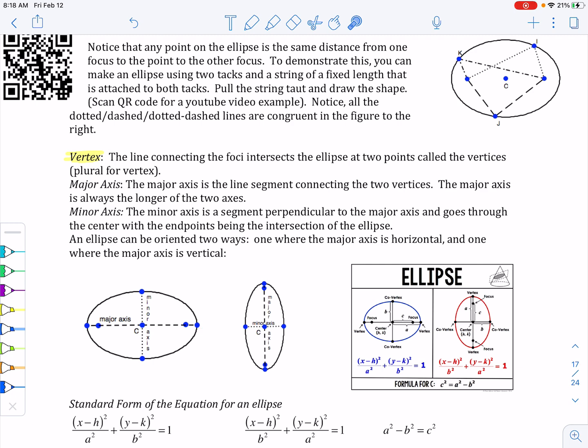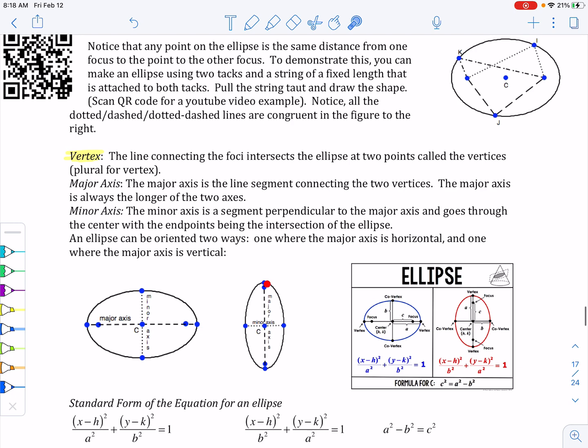You can have ellipses oriented two ways: one where it's short and fat, and one where it's skinny and tall. Here, the foci, these would be your vertices. We use these other two points; you can call them co-vertices.